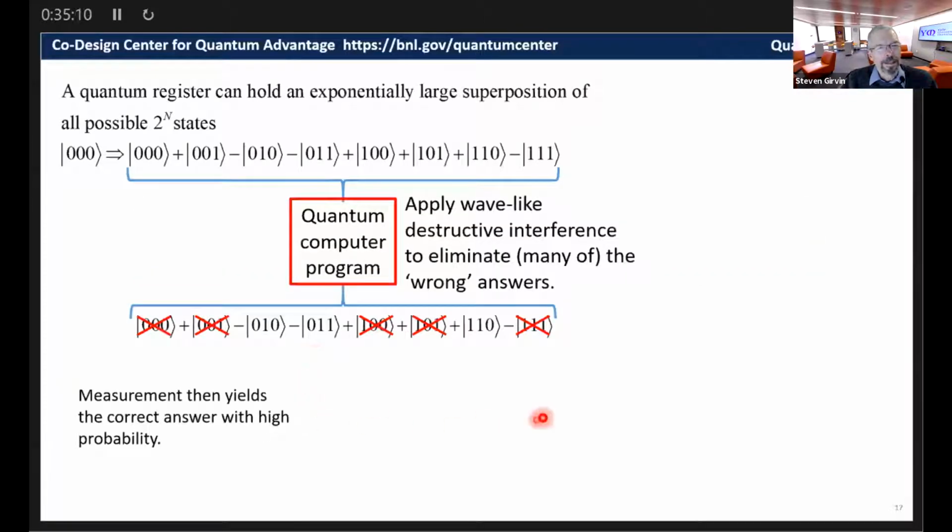Well, the way a quantum algorithm works is that these complex amplitudes in front of these states are kind of like wave amplitudes, and we have to arrange destructive interference among all the wrong ones to kill off their amplitudes, and constructive interference among all the correct answers, so that when you make a measurement in the output register, you have a high probability of getting the correct answer.